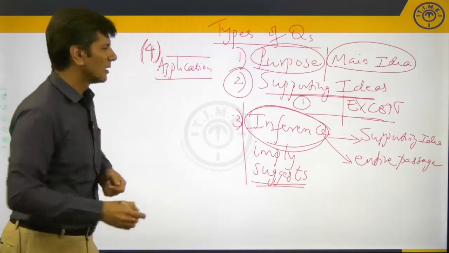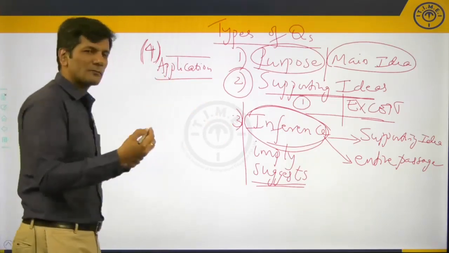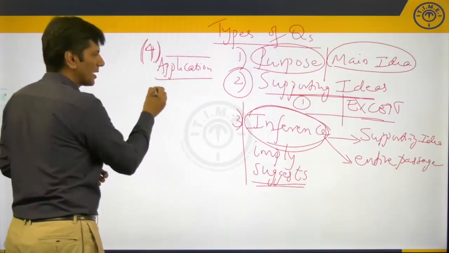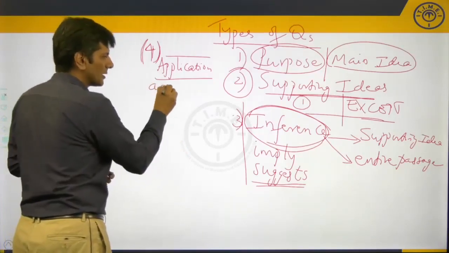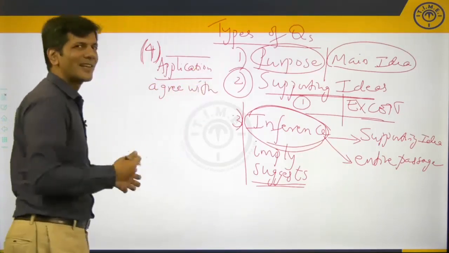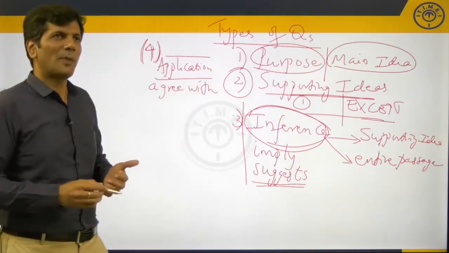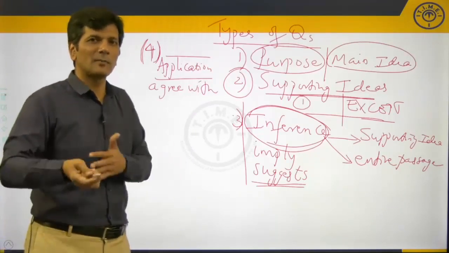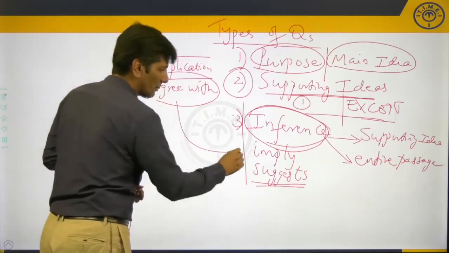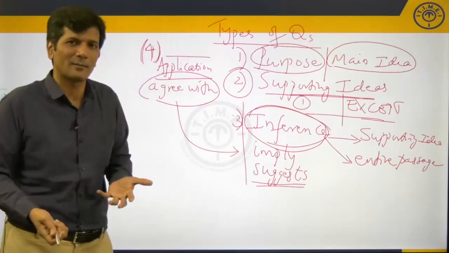In other words, sometimes the keywords in the question stem can be something like, what would the author of the passage agree with or disagree with? Remember that agree with, disagree with can also mean inferences.